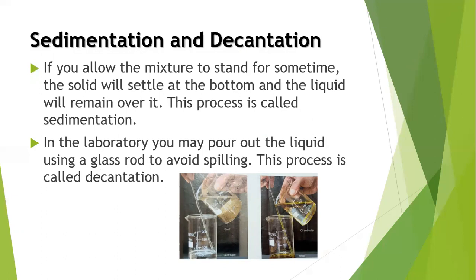The solid layer at the bottom is called sediment. The liquid above the sediment is known as supernatant liquid. You can pour out the supernatant liquid carefully into another vessel, leaving behind the sediment.